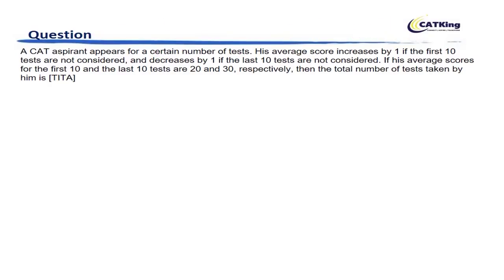Let's try solving this. Let's say that the total number of tests is x. So if we consider the first 10 tests, then the remaining are x minus 10. Now let's say that for the first 10 tests the average score is 20.